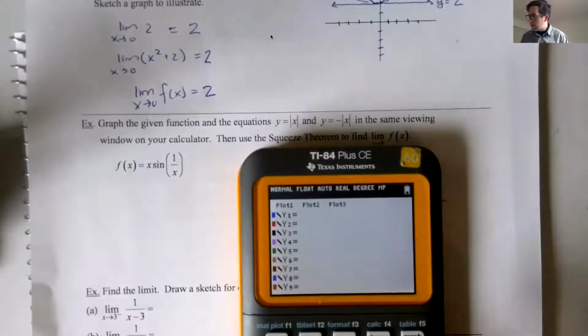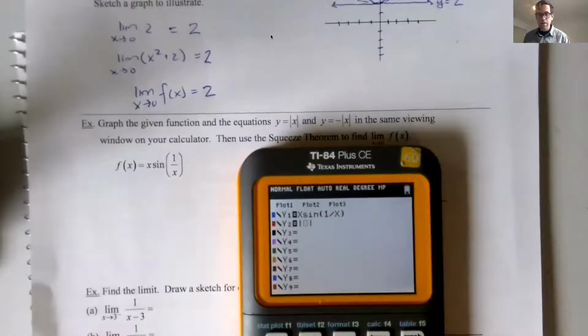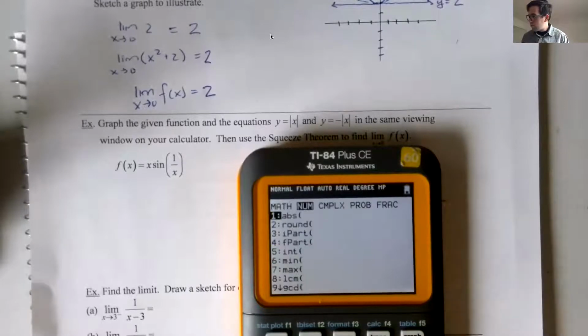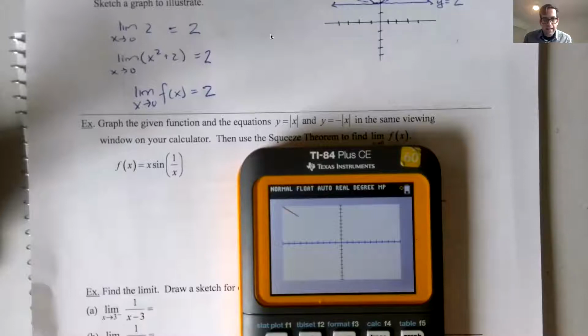So we have x times sine of 1 over x. We have absolute value. Remember, that's math, the num tab, and then number 1. And then we have negative absolute value of x. Okay.